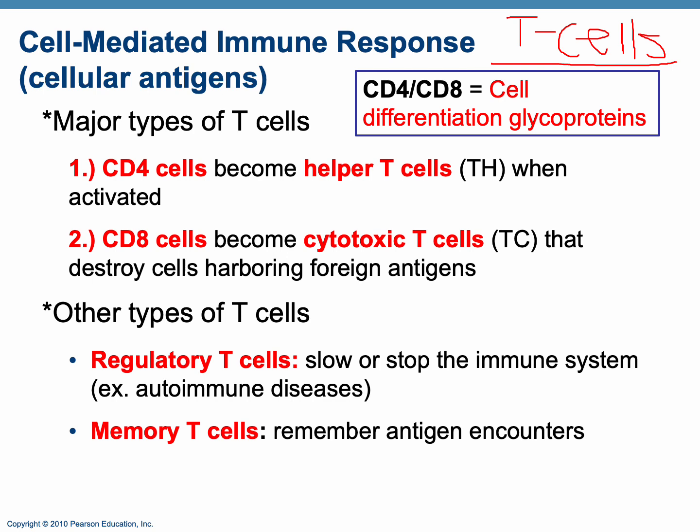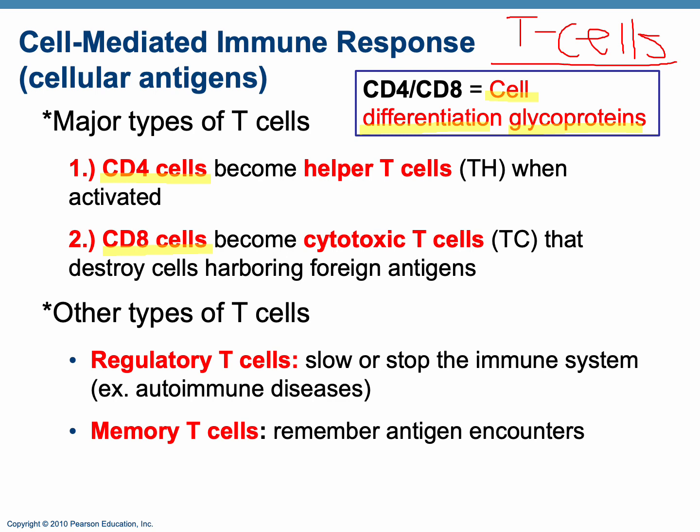There are a diversity of different types of T cells, but the major types are what are known as CD4 cells and CD8 cells. The CD refers to cell differentiation glycoproteins, so that probably sounds like a mouthful.